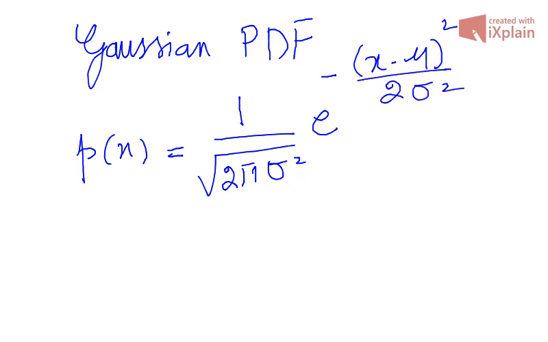So this is the generalized expression for the Gaussian PDF with mean value mu and the variance sigma square.